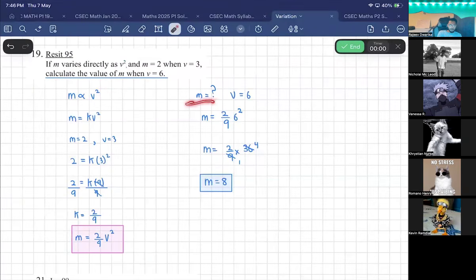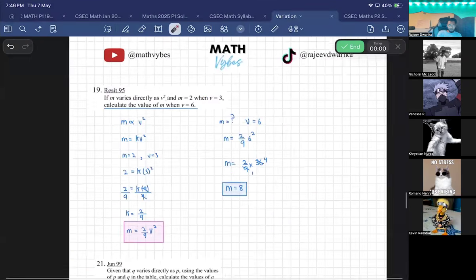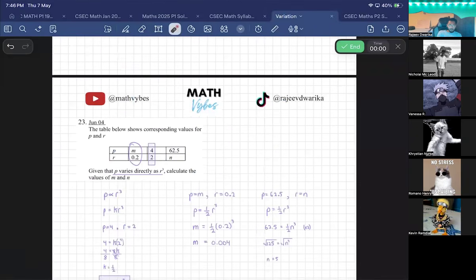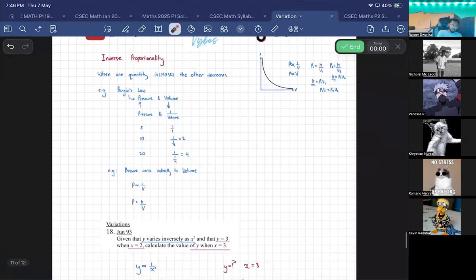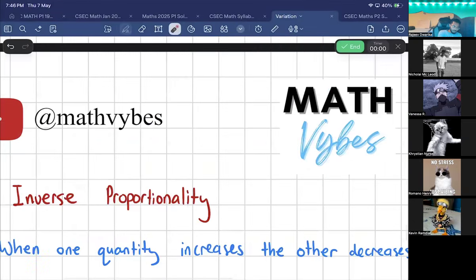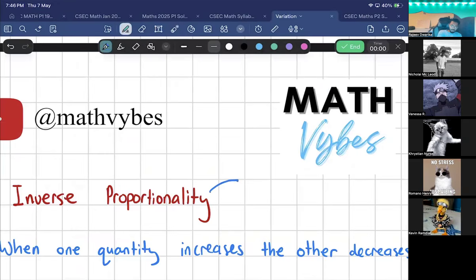So I put a question mark by m, and I know v is 6. I plug that into the master equation, and I get my answer: m is 8. It's the same process. Now, directly proportional, I mean, what's saying? Inversely proportional, there's only one difference. With inverse proportionality, you'll have to use the reciprocal.